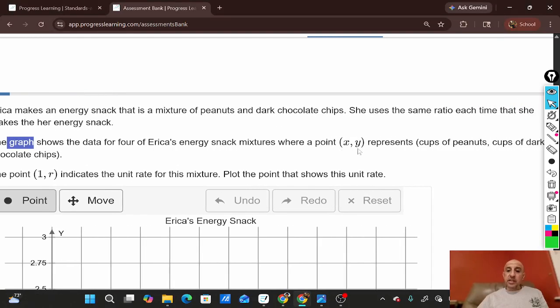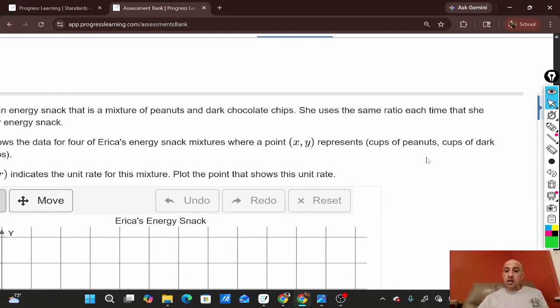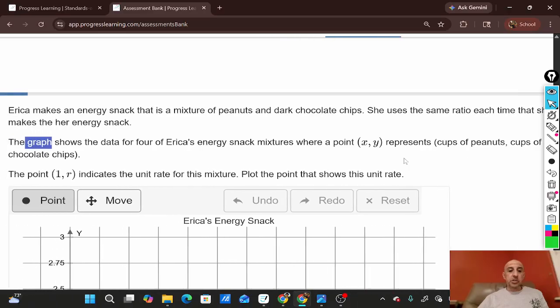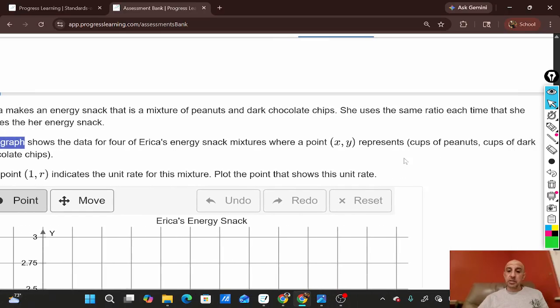Where the point (x, y) represents cups of peanuts and cups of dark chocolate chips.